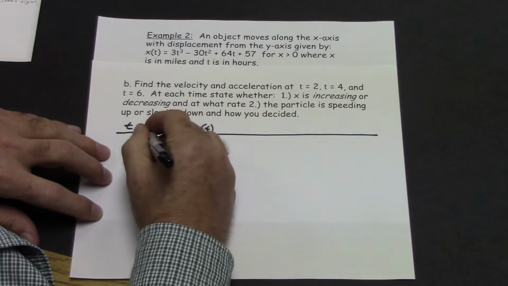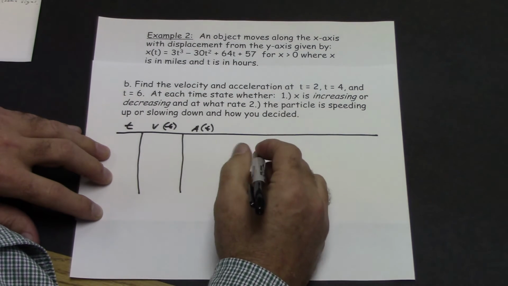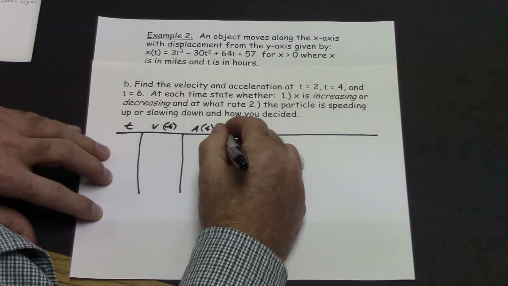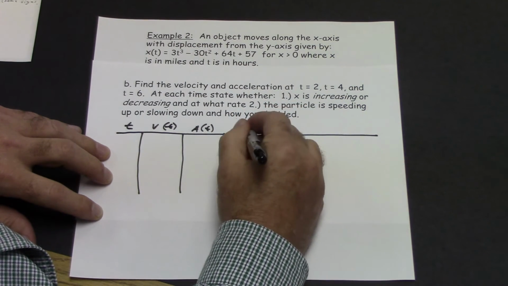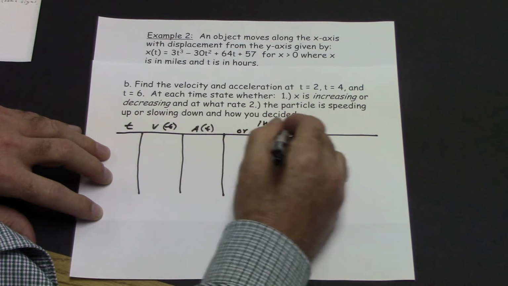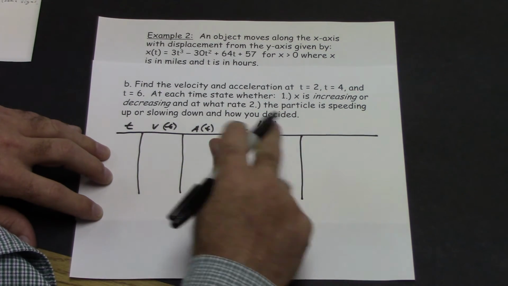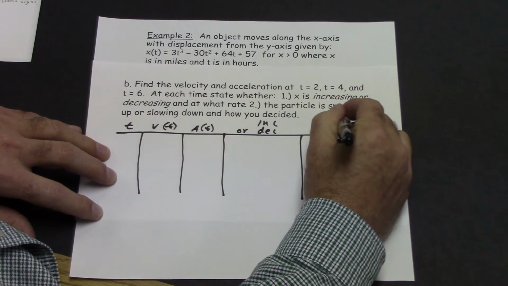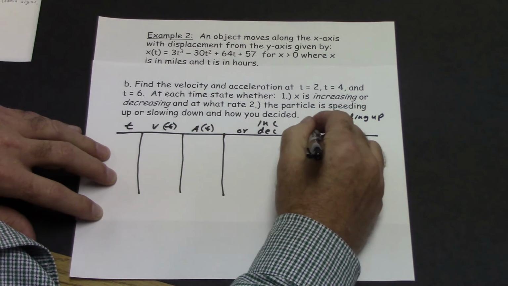Let's do a column to tell whether the particle is increasing or decreasing. And one more column here: we have to tell whether it's speeding up or slowing down.